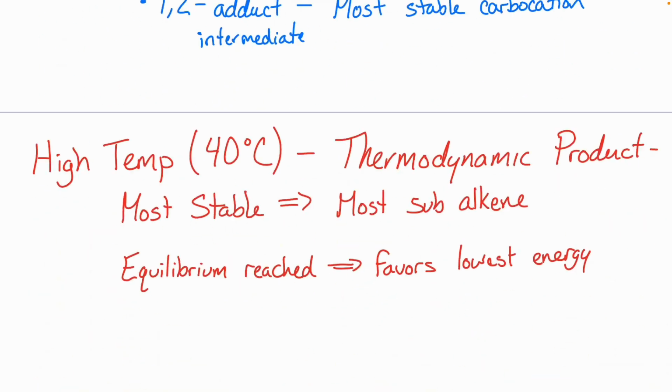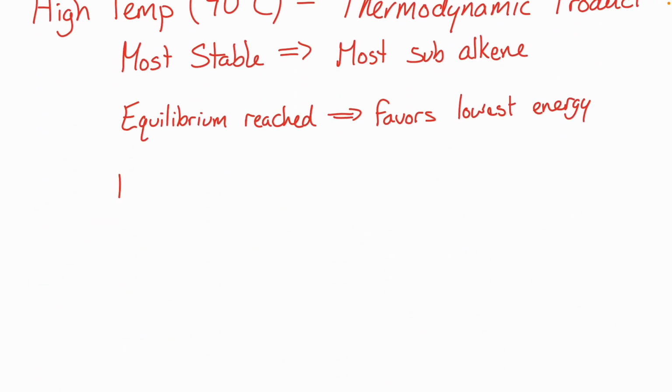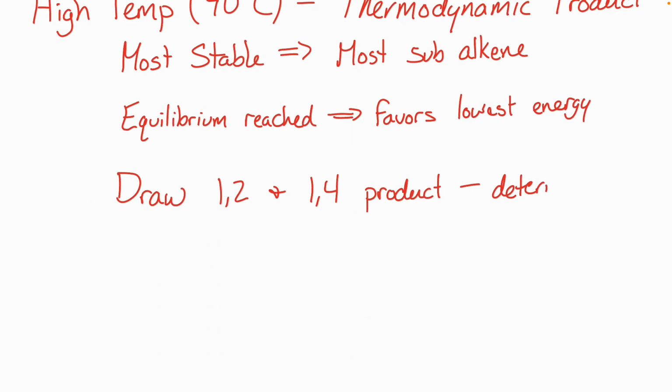All right? So what are we going to do? We're going to draw our 1,2 and our 1,4 product, and then determine which is more stable, i.e. more highly substituted.